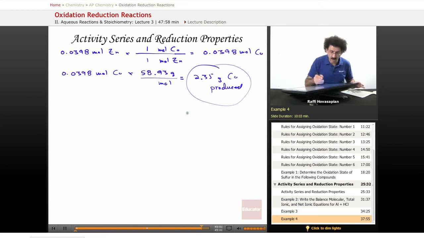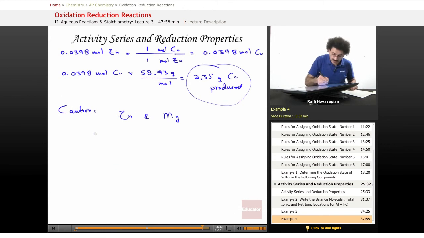Okay, now I just want to give you some words of caution when dealing with activity series and reduction potential. Here's what happened. Let's use our example of zinc and magnesium.